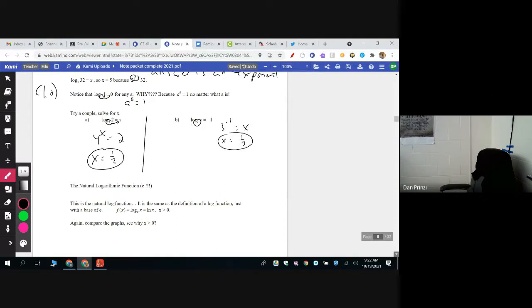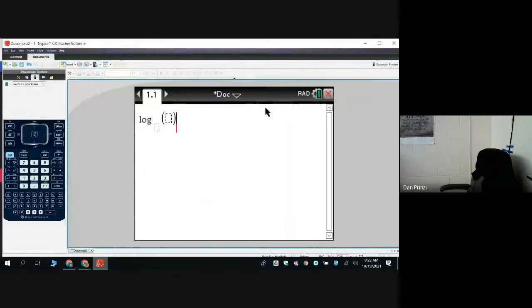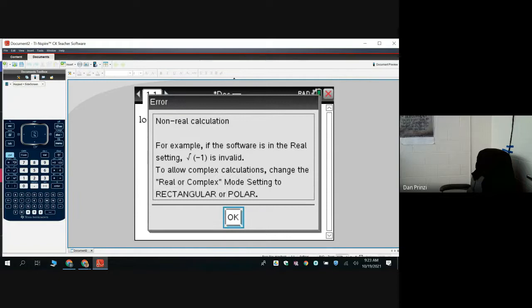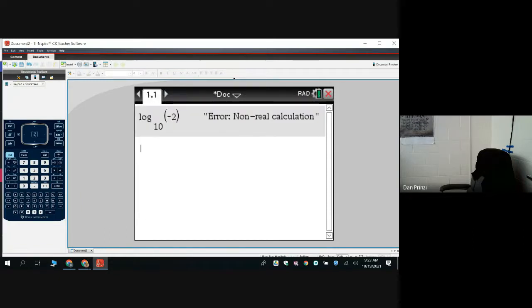And by the way, you guys know that you can't take the log of 0 or negatives, right? Here's why. If you go on your calculator, if you don't put a base in, it assumes it's 10. It will not do a negative number.